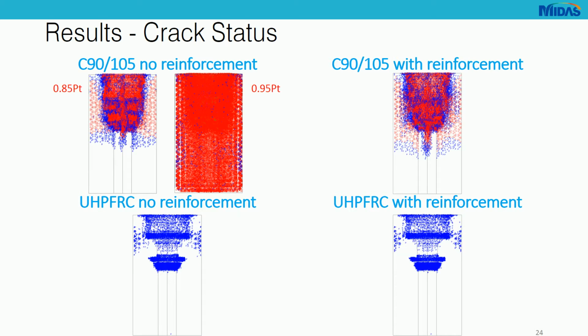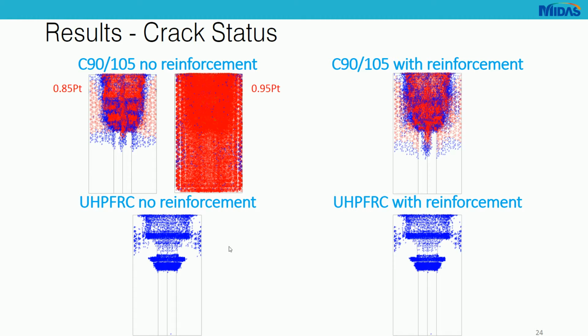If we look from the side, we can also see again how the reinforcement affects the crack distribution in the normal concrete, in the high strength concrete. If we go to 95% of the pre-stress load in the high strength concrete without reinforcement, the model is fully cracked.